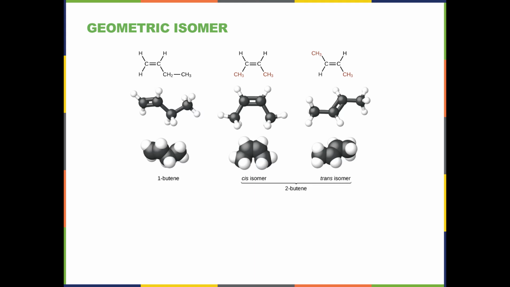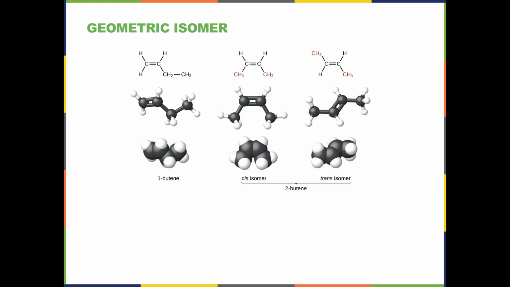Now, there's a new kind of isomer that we have to introduce because of these double bonds, and this is called a geometric isomer. Geometric isomers occur in alkenes that have 4 or more carbons, so they can't happen in the 1 carbon or 2 carbon or 3 carbon situation.